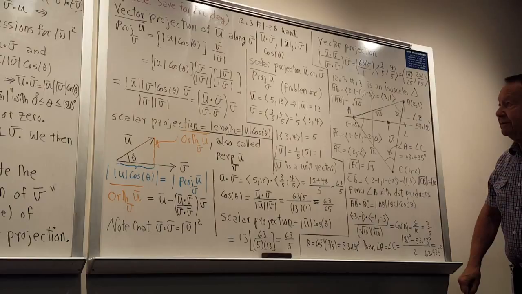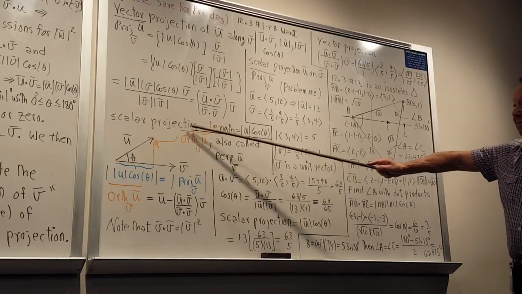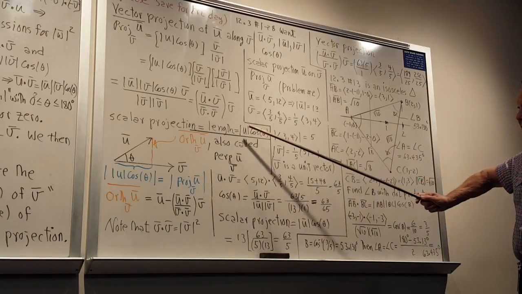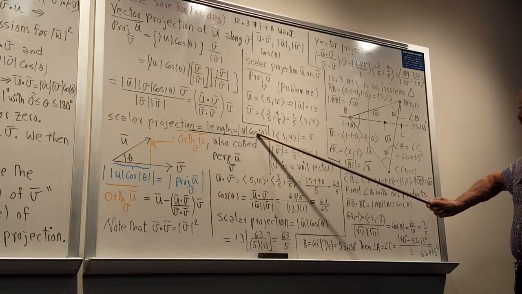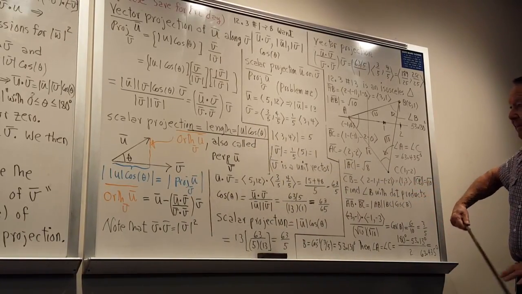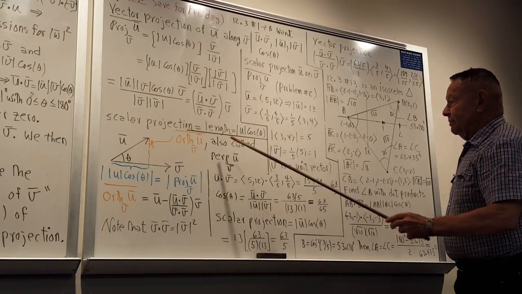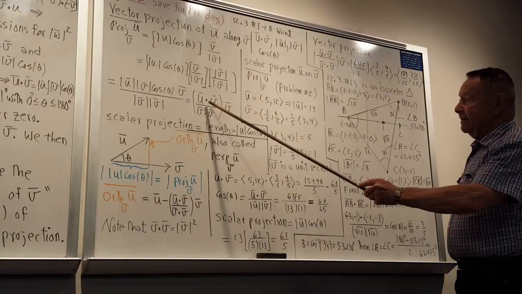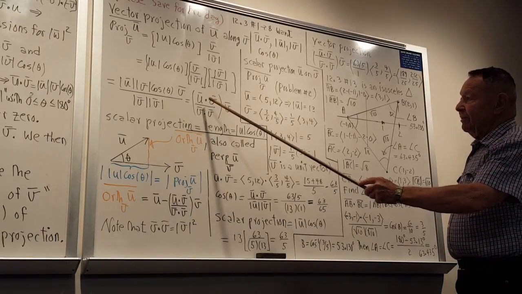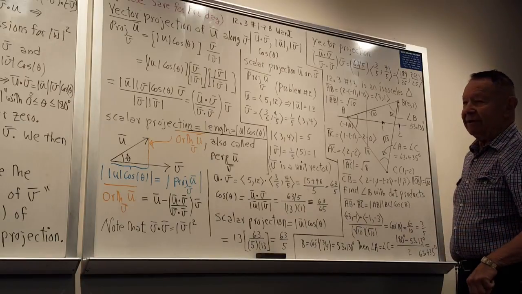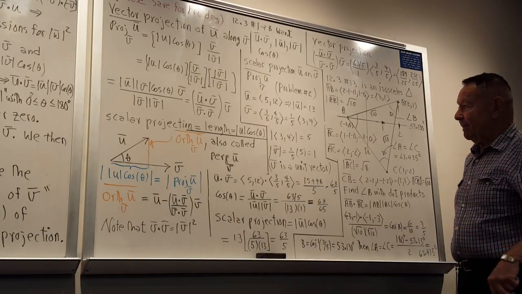And the scalar projection is just the length of the shadow, so it's magnitude u cosine theta, and so you could go back to here and say, well, you get this vector and it's the magnitude of it. That's one way to get it.